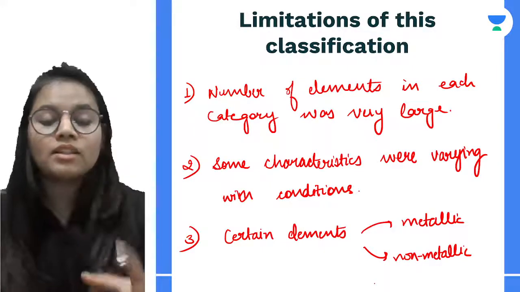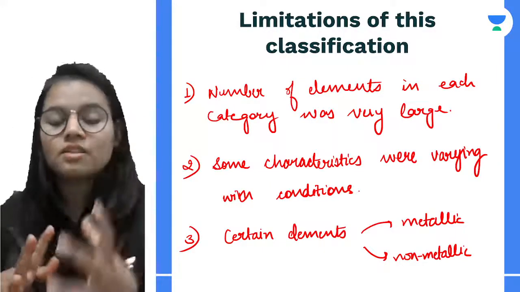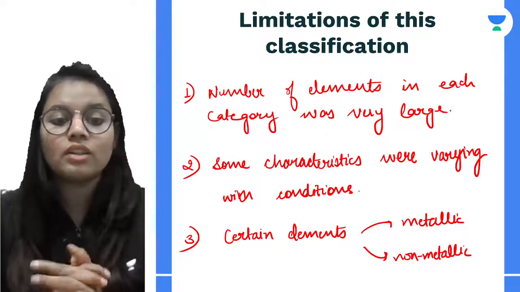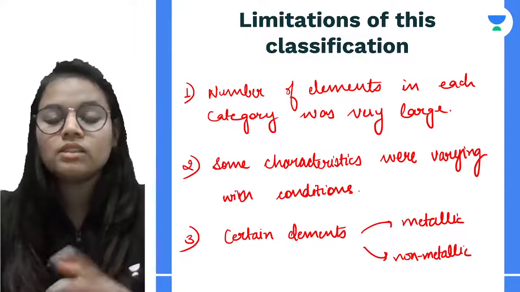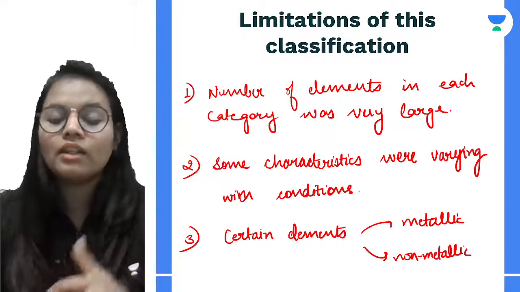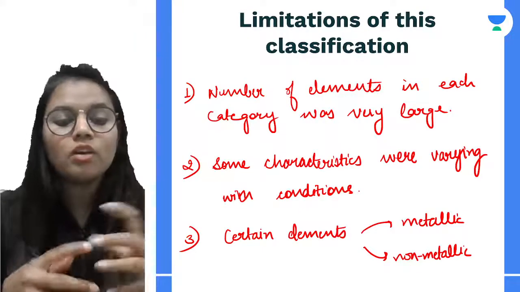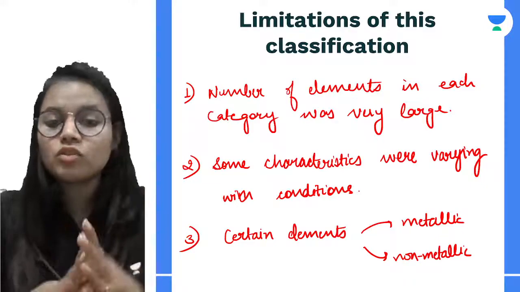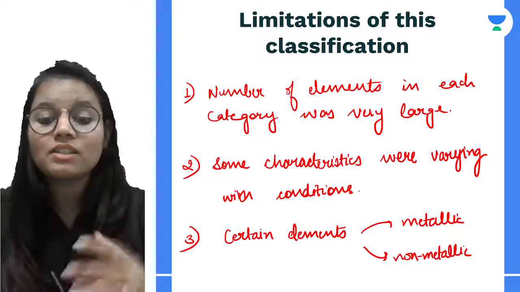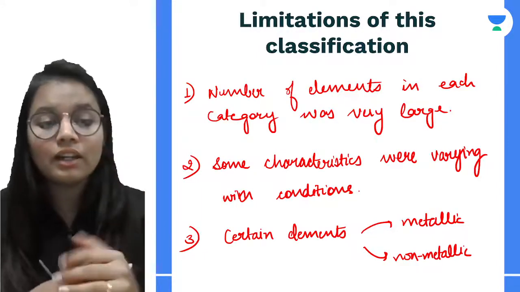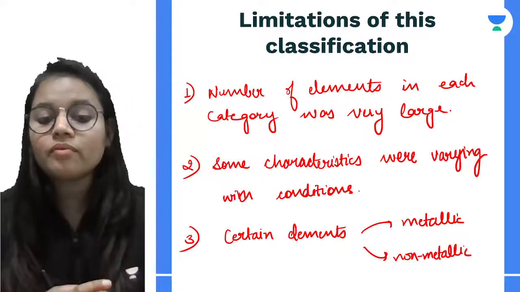So basically this classification done by Lavoisier was not taken further due to these three reasons. The number of elements falling in each category was very large. Some of the properties were changing with different conditions, they were not the same.